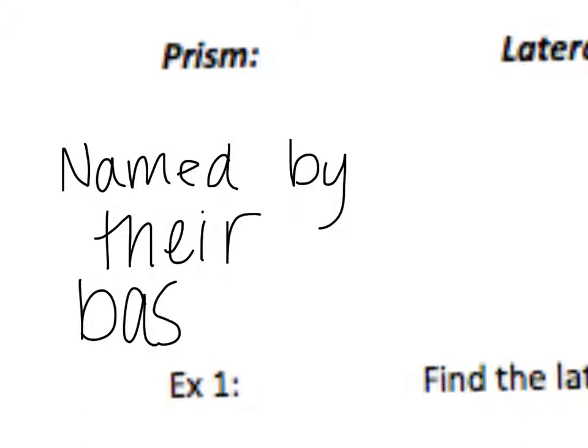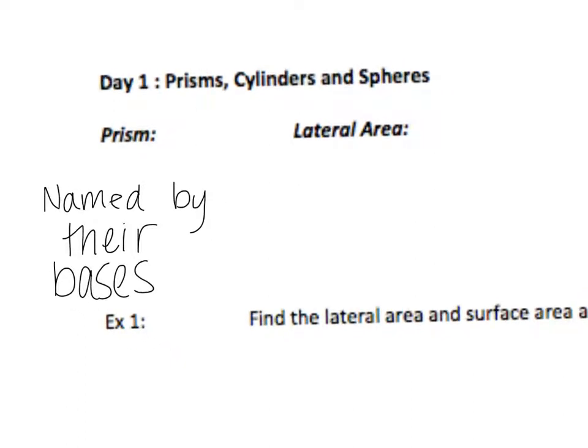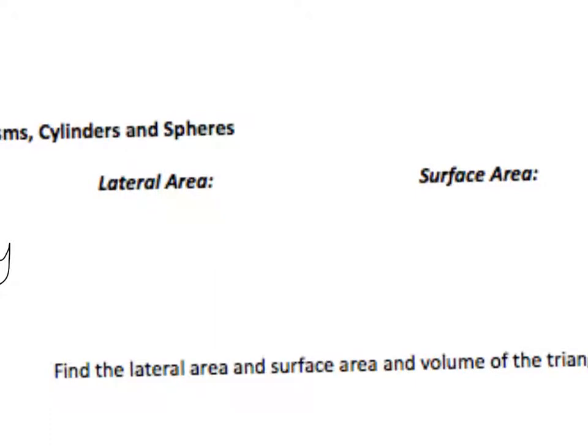It's really important for you to remember as you go and look at other pictures and talk about the difference between lateral area and surface area. Okay, so let's go ahead and talk about that now. Lateral area is everything but the bases.